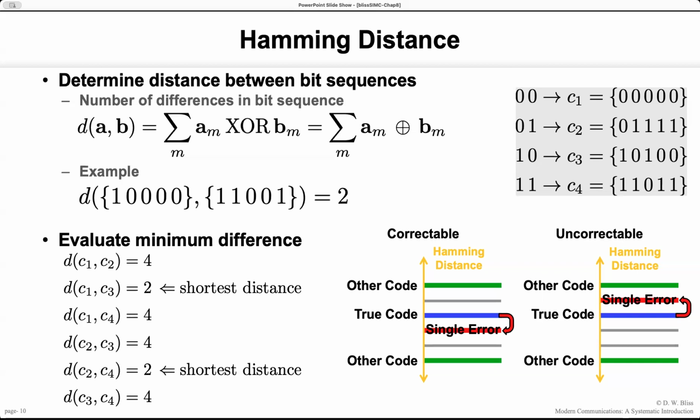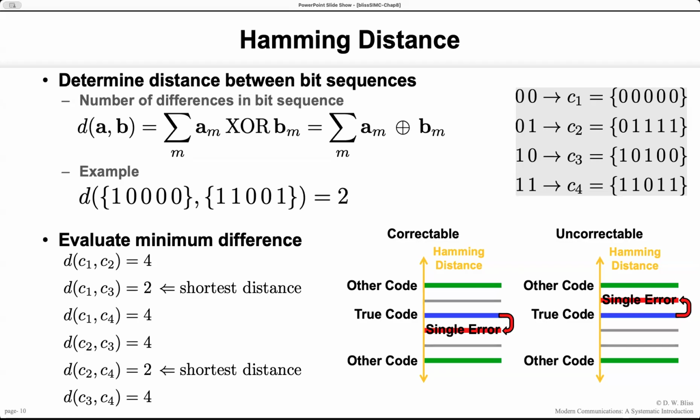So why does this matter? If you imagine that in the receiver, you see some bit sequence, and remember what happens is a channel sometimes flips these bits. If it flips some bits going through the channel, can you guess which code word it came from? What's the right answer?